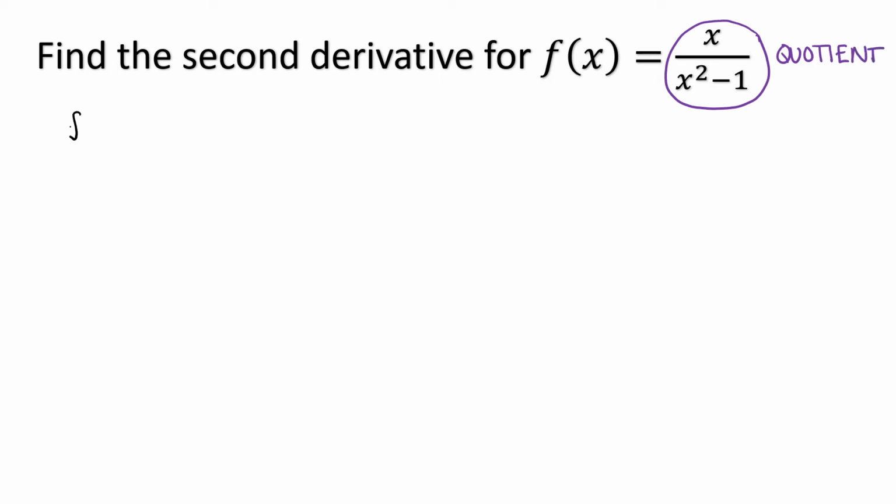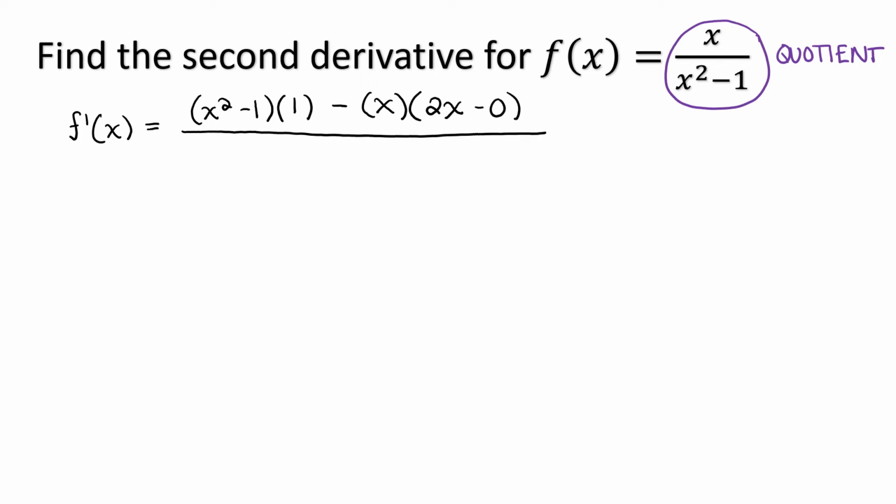F prime of x will be equal to low, so x squared minus 1, d high, so the derivative of x, minus high, which is x, d low, which is 2x minus 0, all over low, so all over x squared minus 1 squared.